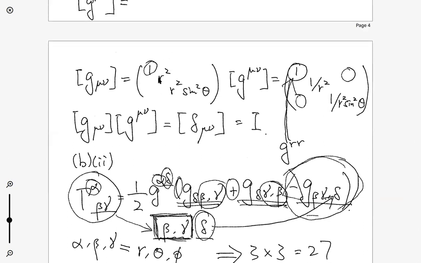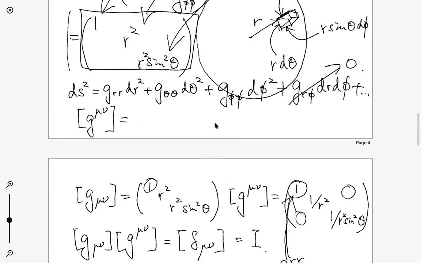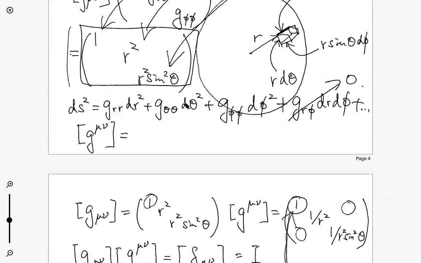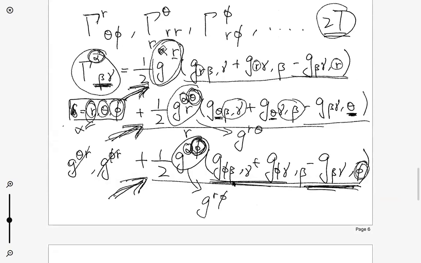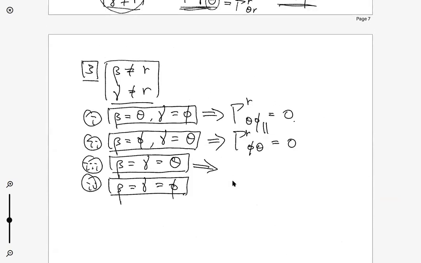If you look at the line element, G theta theta is the coefficient of the d theta squared term, which is nothing but r squared. So this is something special. It is not 0.